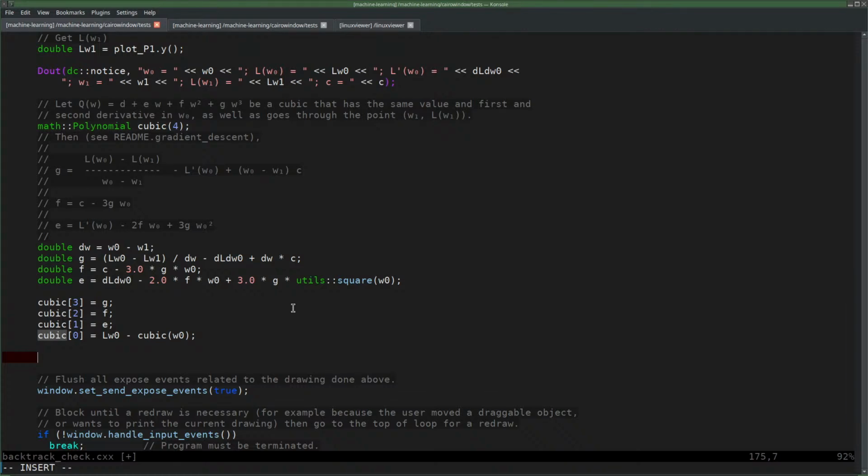Right, then we have to draw this thing. It's probably again a Bézier fitter.